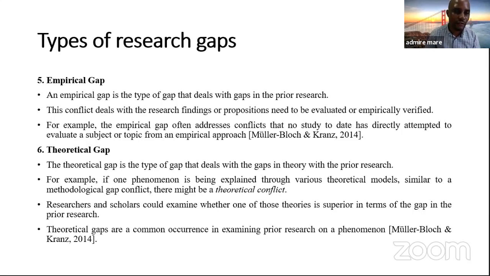So at the empirical level, you can actually find a gap that addresses conflicts that no study to date has been able to evaluate or come up with. If there's a new phenomenon, no one has ever done that research. For example, right now we are talking about the impact of flexible working arrangements.